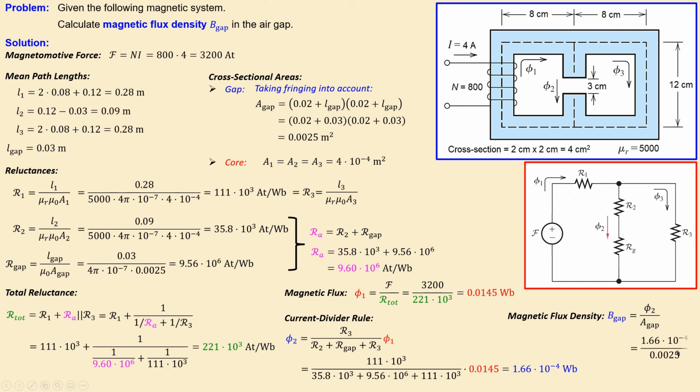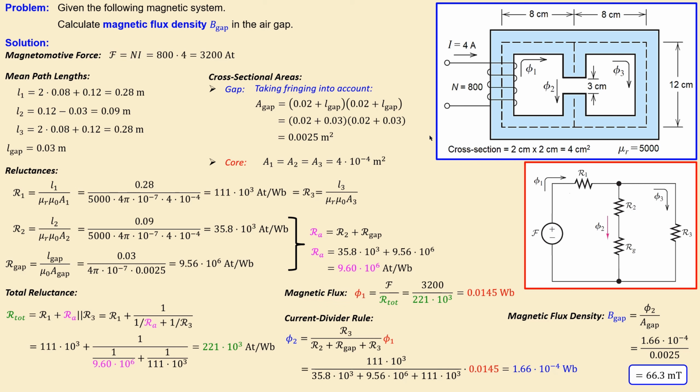We know all the necessary information, so just substitute the values and you will get 66.3 millitesla, so 0.0663 teslas. That's the final result for this exercise. So in this gap we have 66.3 millitesla as magnetic flux density.